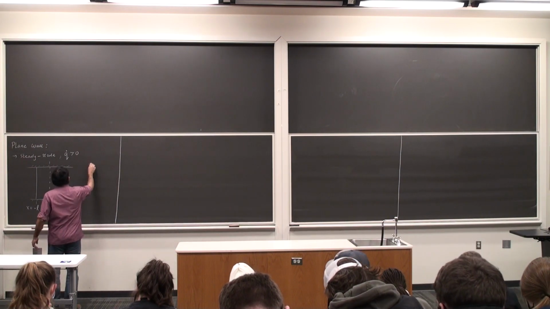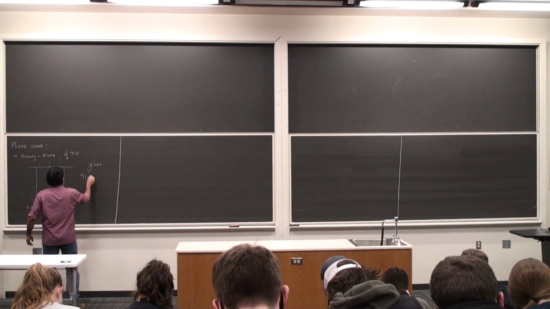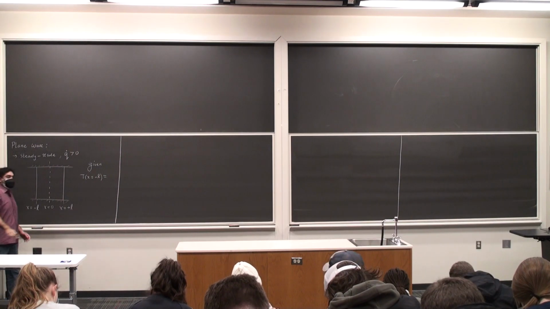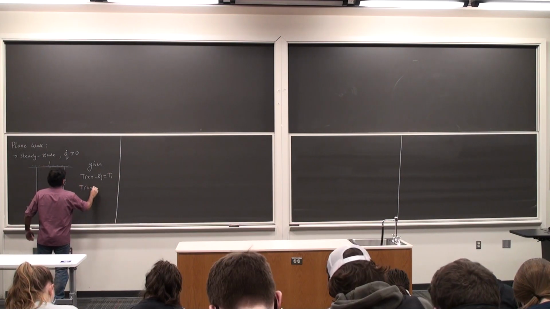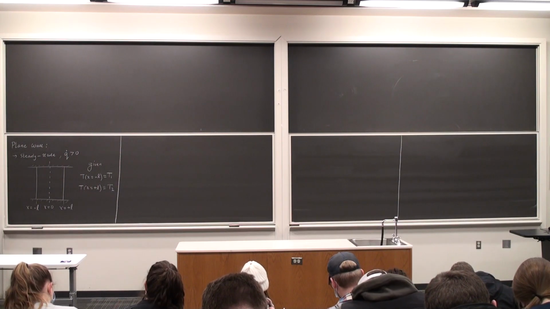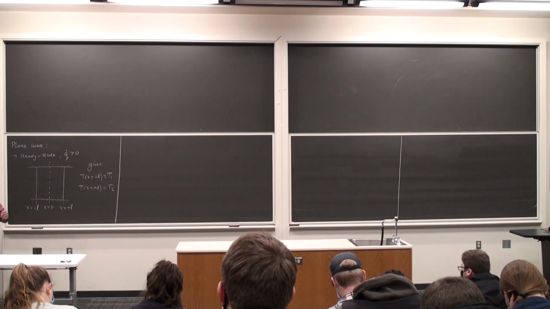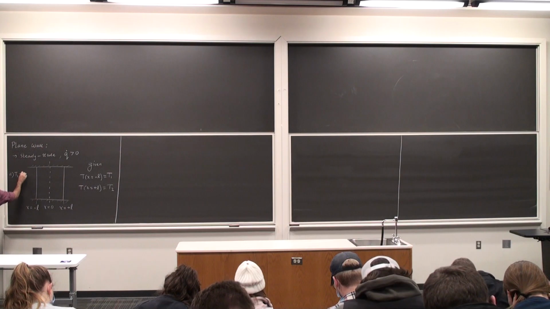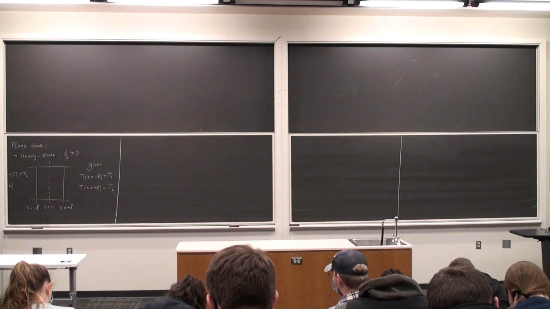So given T at x is equal to minus L is some value T1, okay? T at x is equal to plus L is some value T2. You're asked to consider two cases: when T1 is equal to T2. Second situation when T1 is greater than T2.